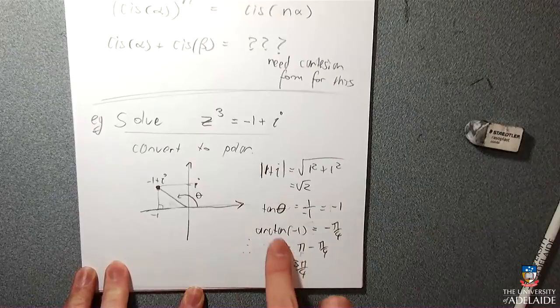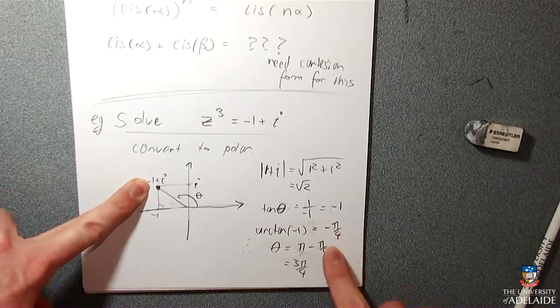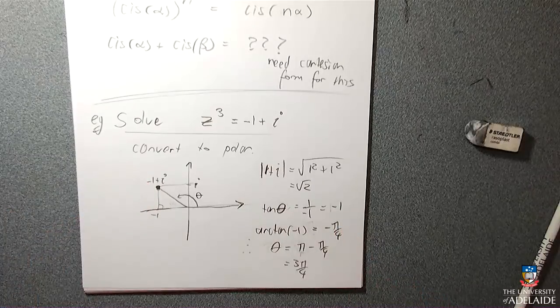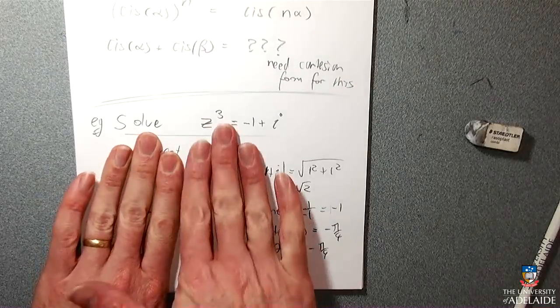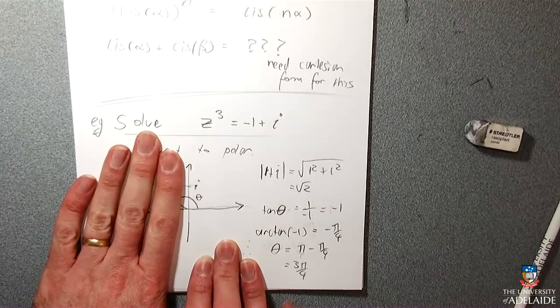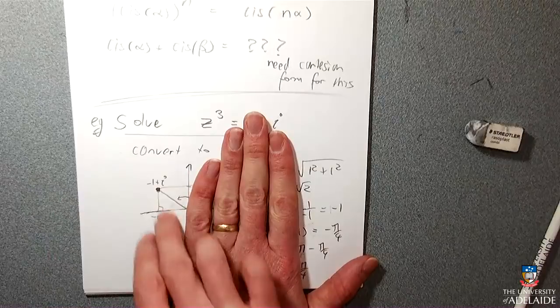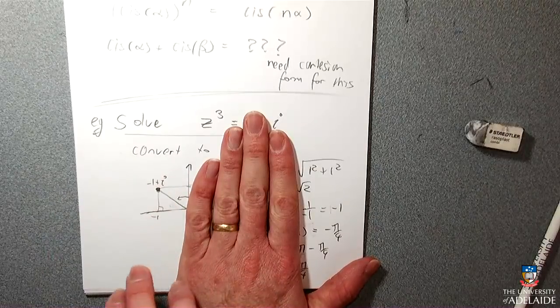To say this is what arctan comes out to be, but because it's in this quadrant, it must be pi minus pi on 4. So basically, if it's on the right-hand side, where the real part is positive, then the theta will be arctan of B on A. If it's on the left-hand side, the theta will be pi plus arctan of B on A.